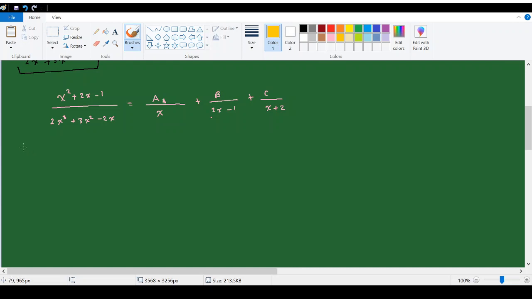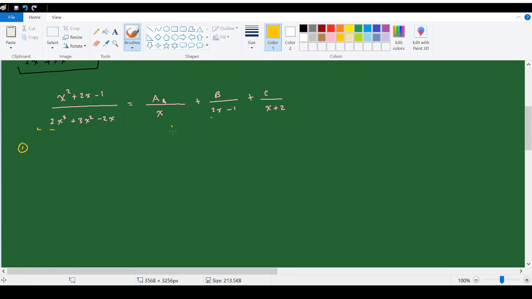So don't worry about the long theory; it's a very simple calculation at the end. We should see whether it is an improper fraction, and if it is, look at the denominator and, according to its nature, allocate these portions. Then there are two very simple techniques to find a, b and c.